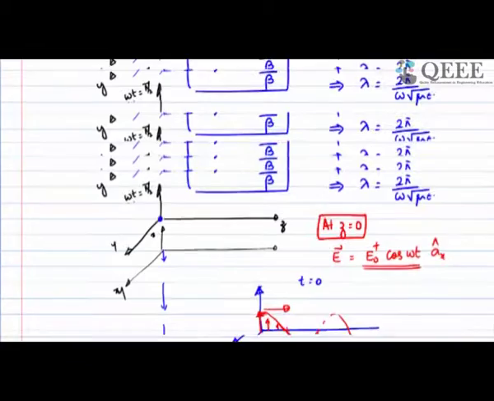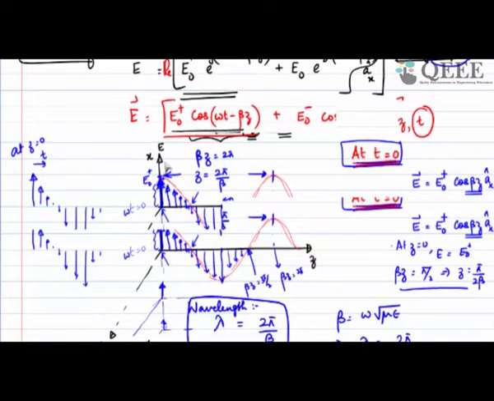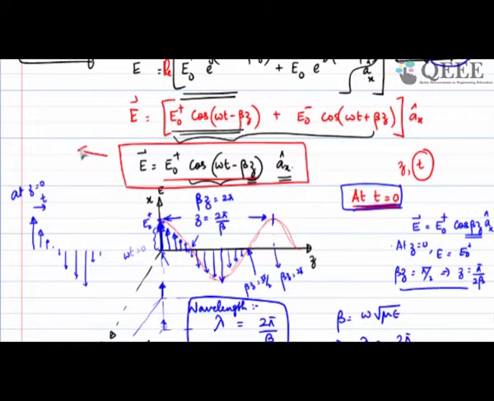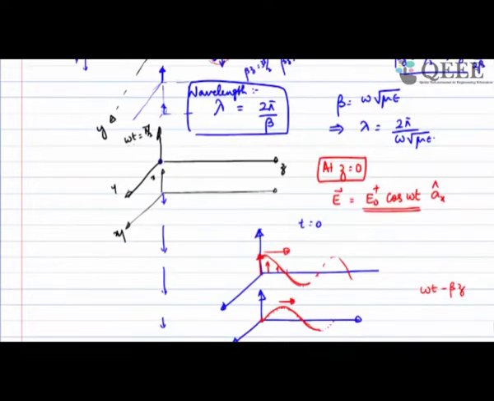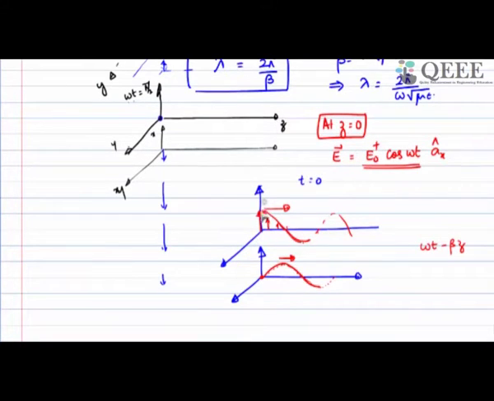So this means the first term here is actually representing a forward propagating wave, because as a function of time, if you keep looking at the position of the crest, that crest is moving in the forward direction.